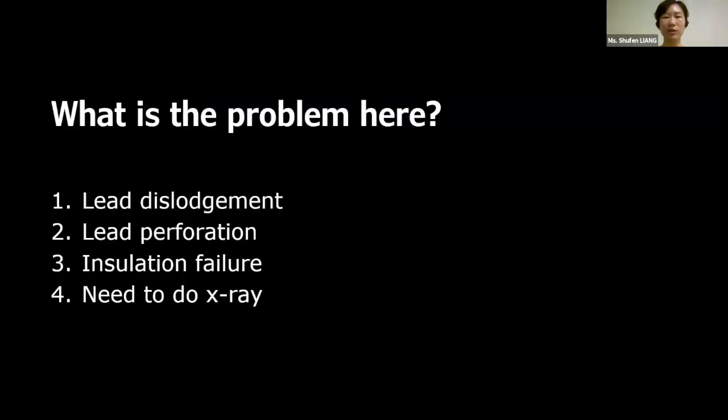So what is the problem here? Do we have lead dislodgement, lead perforation, insulation failure, or do we want to do an X-ray again for this case? But we should have quite a conclusion already from the check, I think.